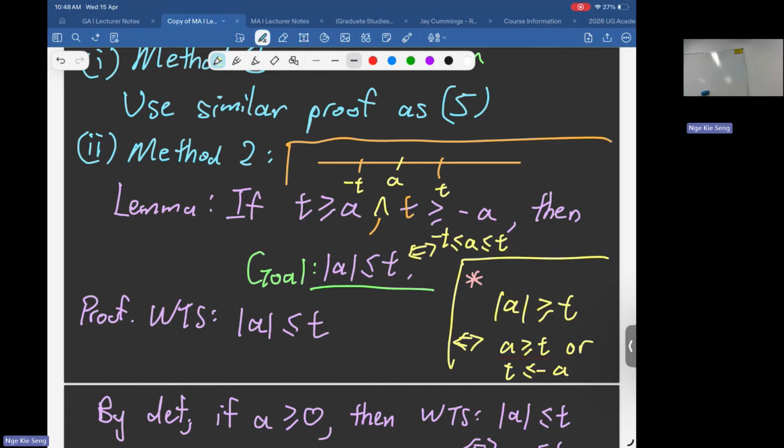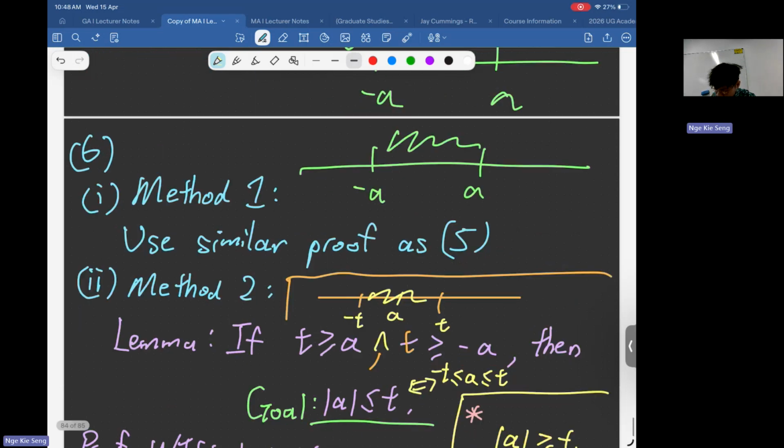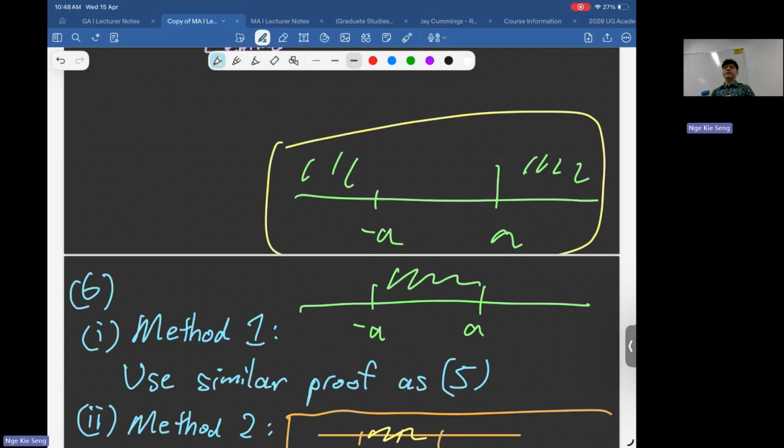Yeah, I think it still works. But then a greater than or equal to t is something. Negative 3 becomes 3, right? 3 greater than or equal to 2. True. Correct. I think it's an all here. And then this corresponds to this case, this case. Either you live on that side or the other side.